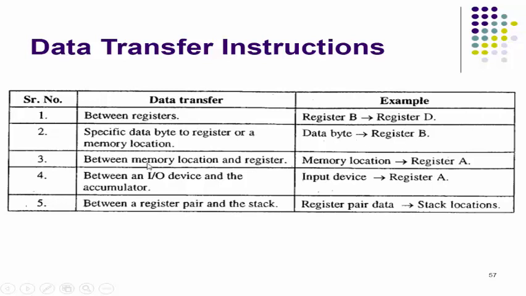Then data transfer between a memory location and a specific register, that is data from memory to register A. Data transfer between an IO device and the accumulator, for example data from an input device to the accumulator. And the last one, between a register pair and the stack, that is register pair contents to the stack memory location.